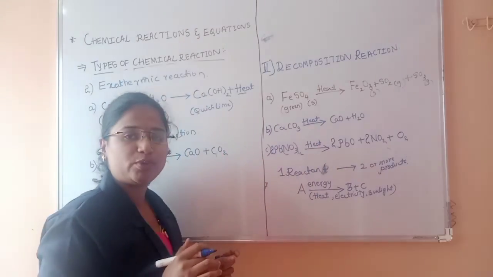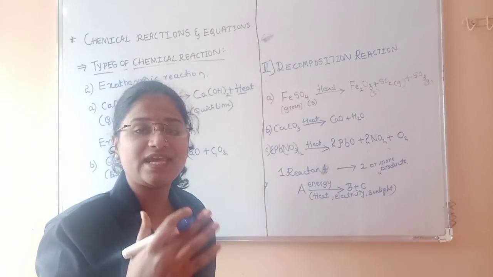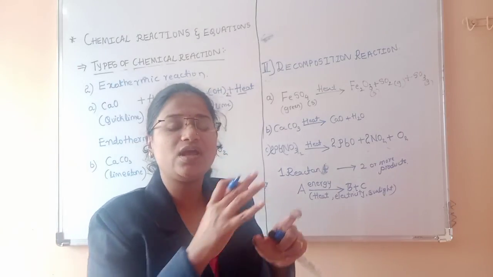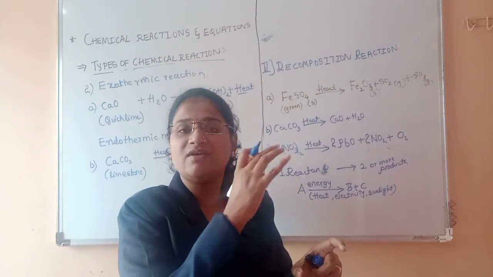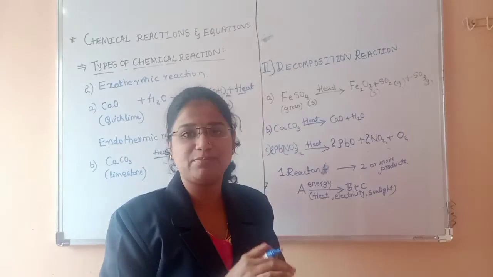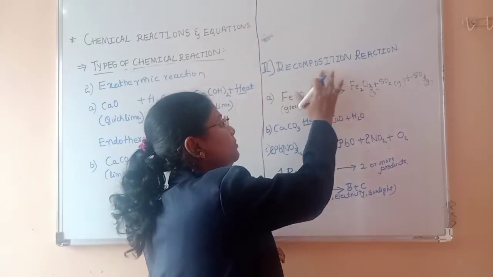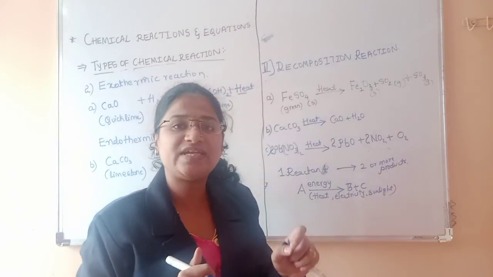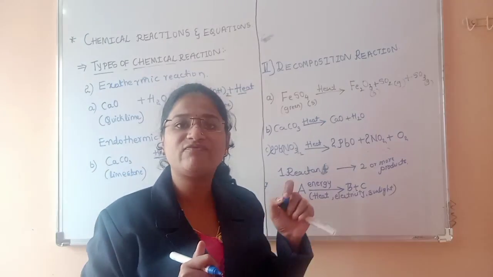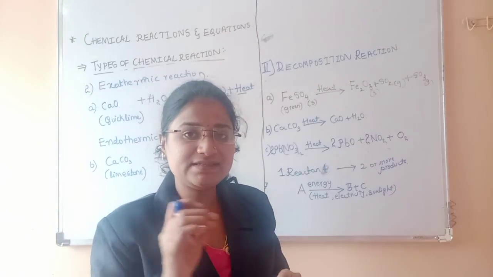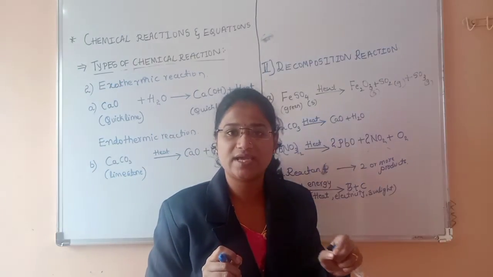This has 3 types, based on the form of energy absorbed. If it absorbs heat energy, it is called thermal decomposition. If it absorbs sunlight, it is called photochemical decomposition. If it absorbs electricity, it is called electrolysis.